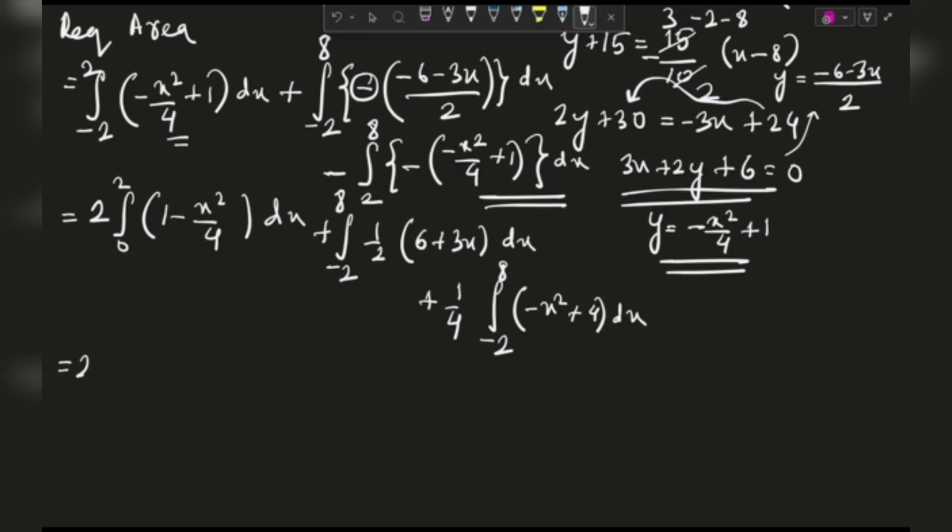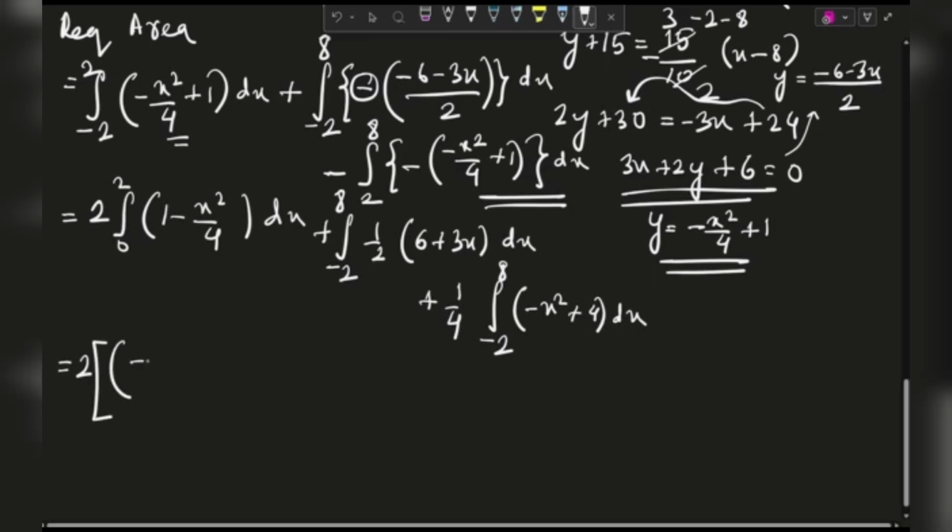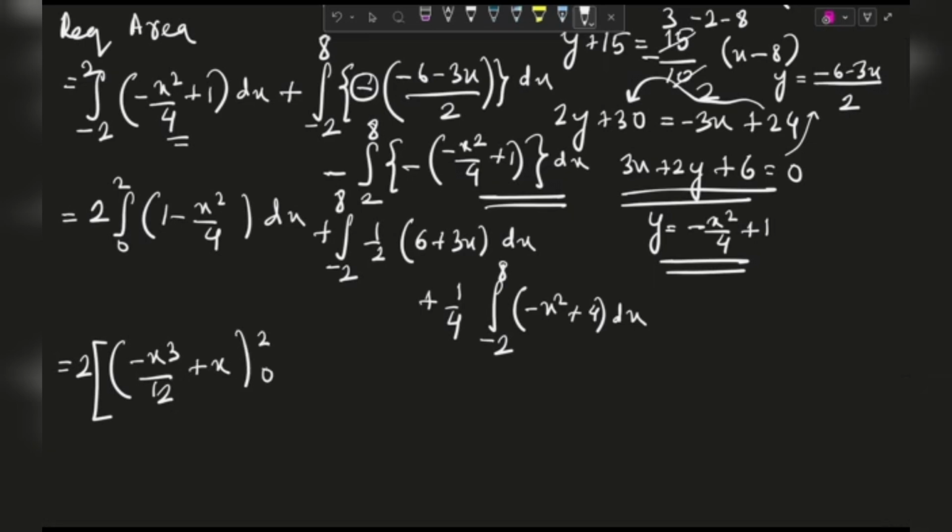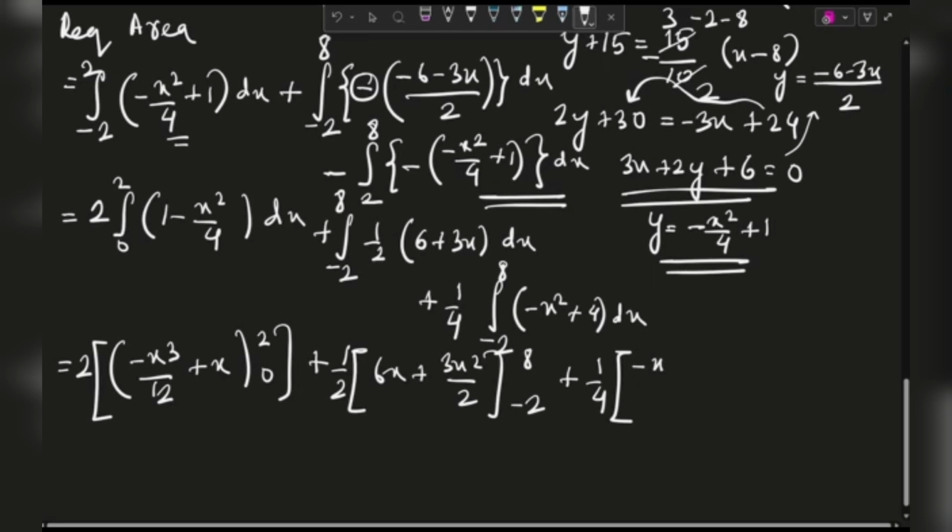So this becomes 2 times minus x cube by 12 plus x, from 0 to 2, plus half of 6x plus 3x square by 2 from minus 2 to 8, and plus 1 by 4 of minus x cube by 3 plus 4x from 2 to 8.